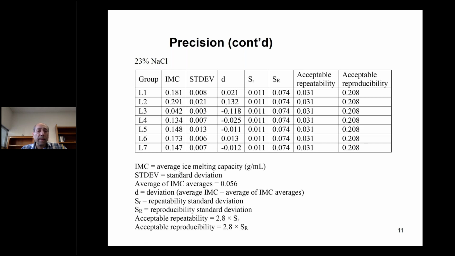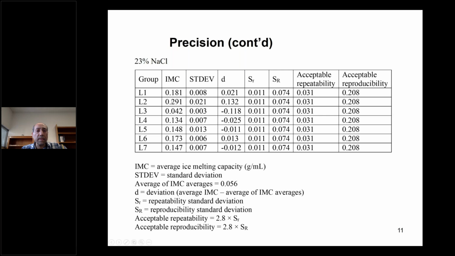In total, we had 8 teams. But we used some filtering of the data. I will explain about them later. After filtering, for the case of sodium chloride solution, we separated 7 groups and put the data here.